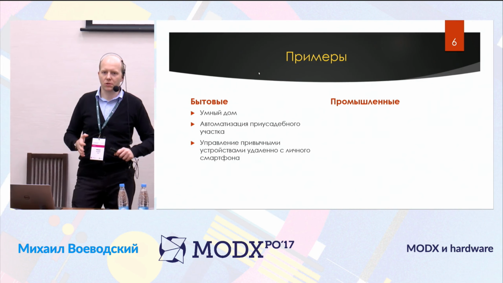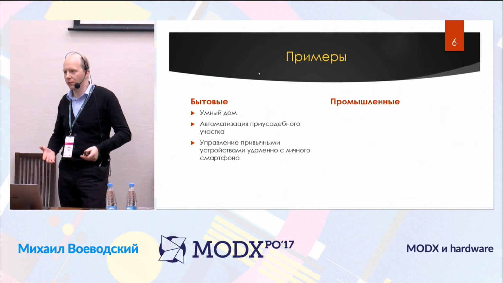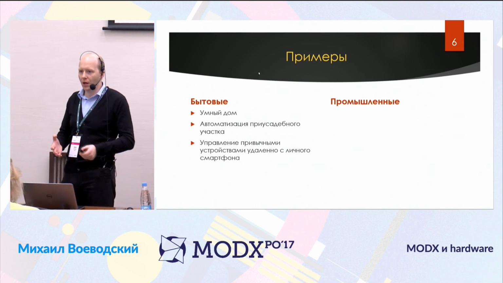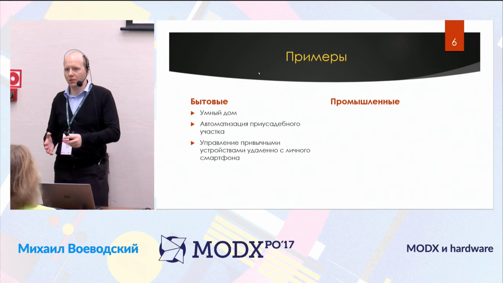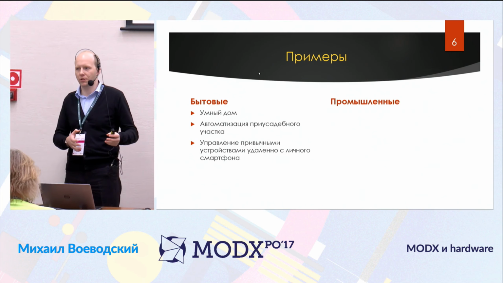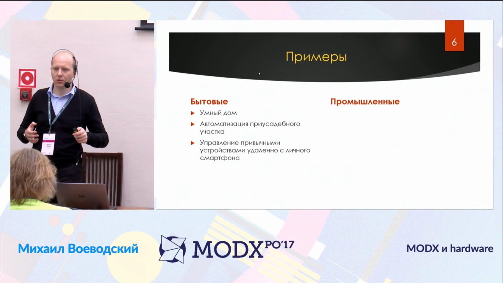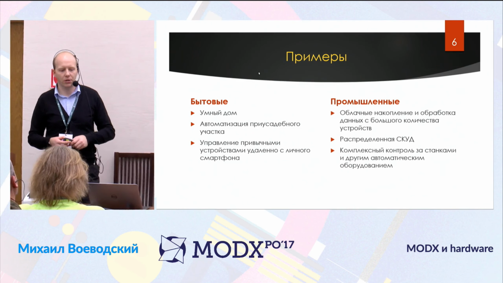And then management of standard devices from your gadget. This is what I mentioned, like microwaves, kettles, heaters, the things and devices that are now very autonomous and separate, but very soon they will be part of the Internet of Things. All the management will be done through the networks.